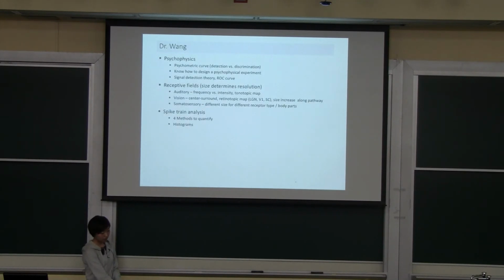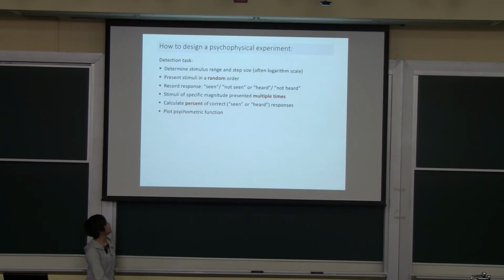Okay, then what else? Know how to design a psychophysical experiment. Some of the key words: first you need to determine the range you want to put in the experiment. You have to present all the stimuli in a random order, and then ask the subject to give you a response.